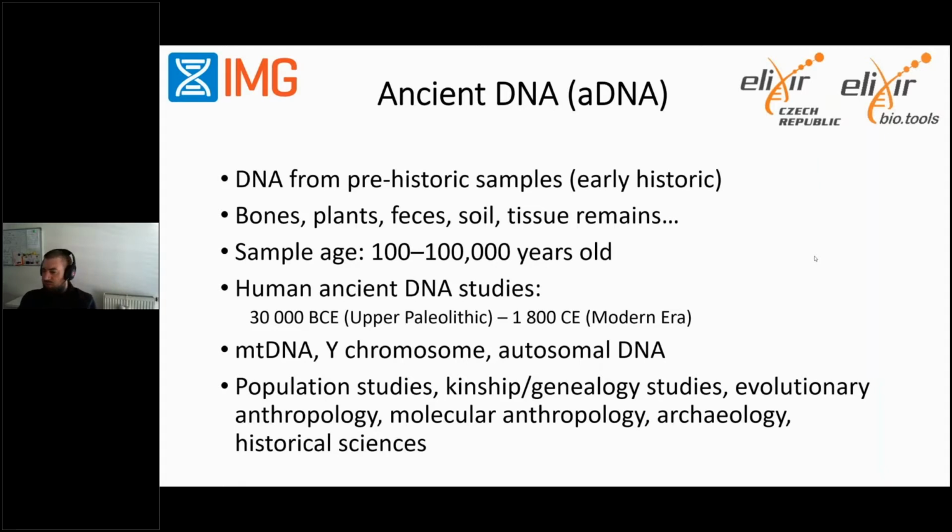This is the main epoch that is targeted now by human ancient DNA geneticists, but from animal genetics, we have samples that are much older, even some Neanderthal and early Homo sapiens samples, about 100,000 years old.